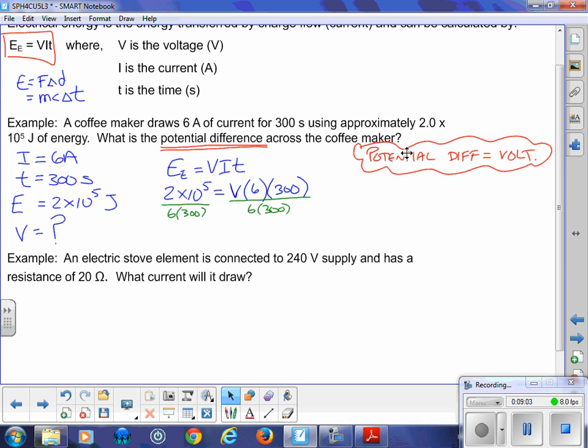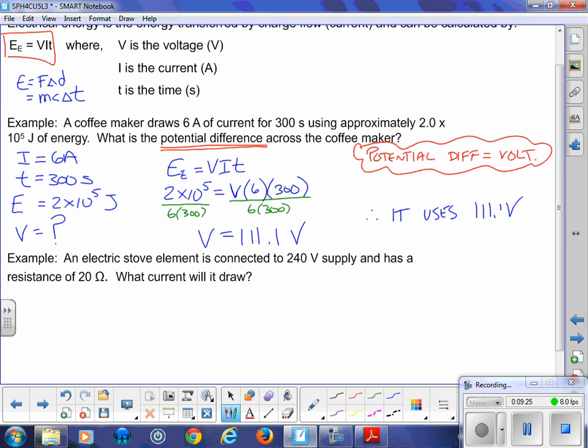And when we do that calculation, we get V equals 111.1 volts. All right, so basically it'll be coming from a 120. There's been some loss of energy. So therefore, it uses 111.1 volts, because it should turn out to be 120.